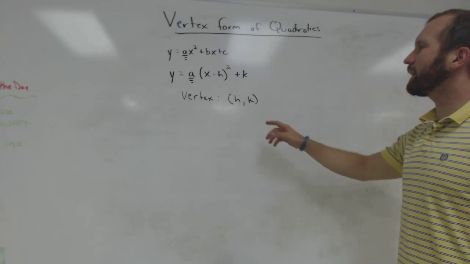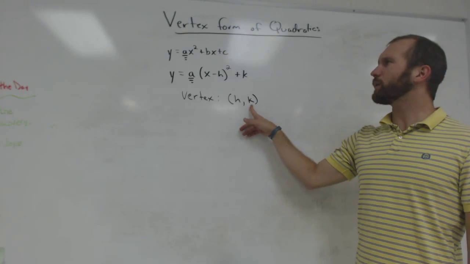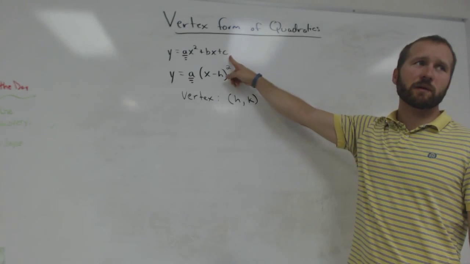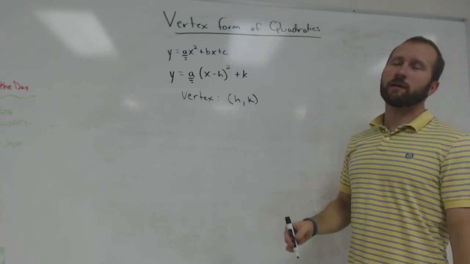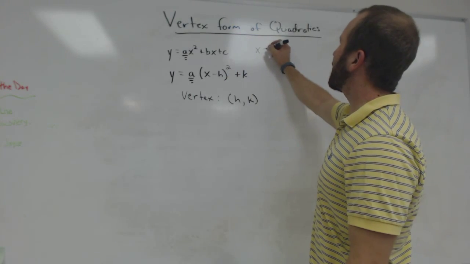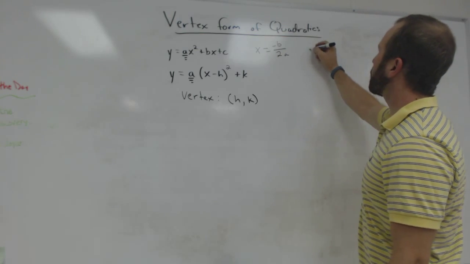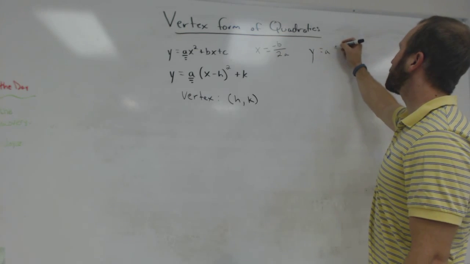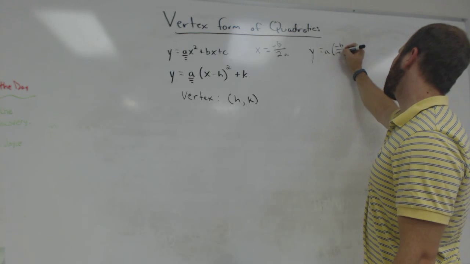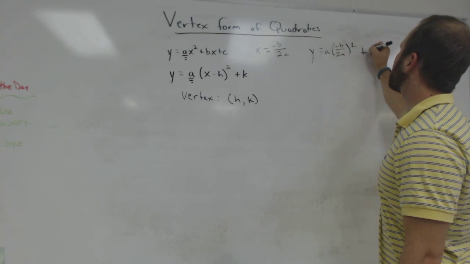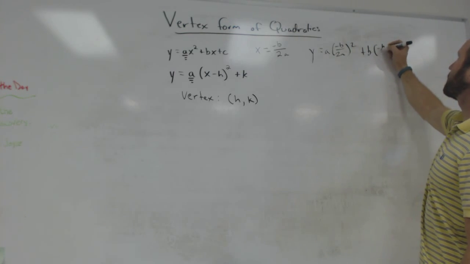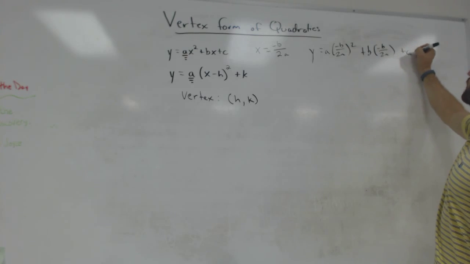So think about how nice this is. How do we find the vertex back in this form? First, just to get the x part, it was negative b over 2a. Then, to get the y, we had to plug in what we found for x into all of this, right?